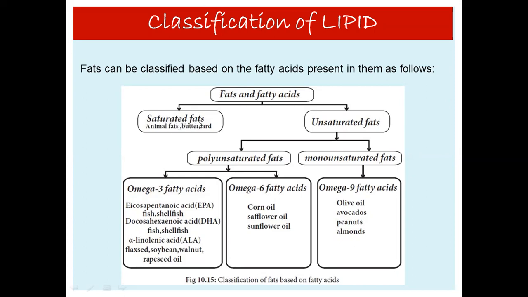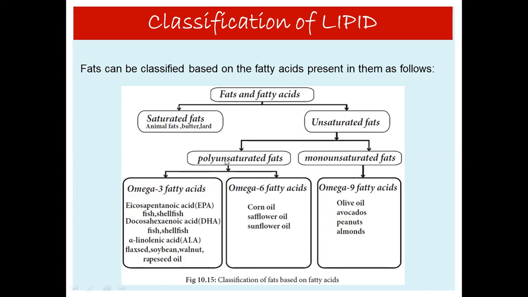Saturation indicates that the fatty acid is composed of only carbon-carbon single bonds. There is no carbon-carbon double bond. And unsaturation refers to the presence of carbon-carbon double bonds in that particular fatty acid.